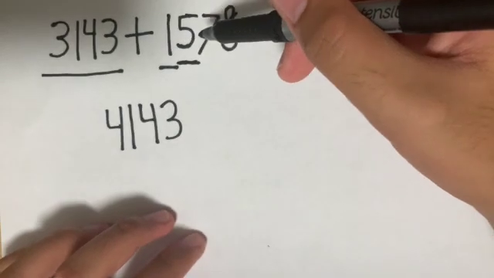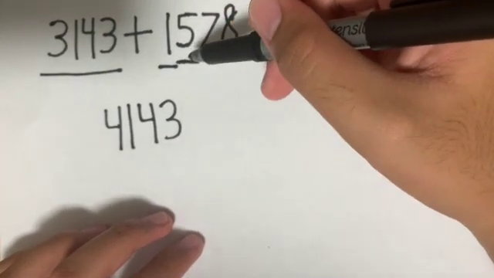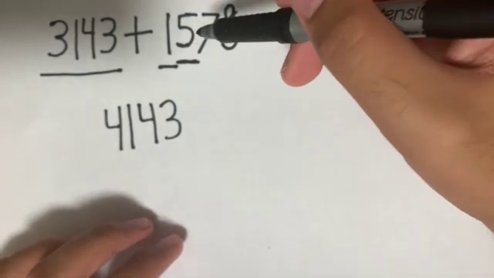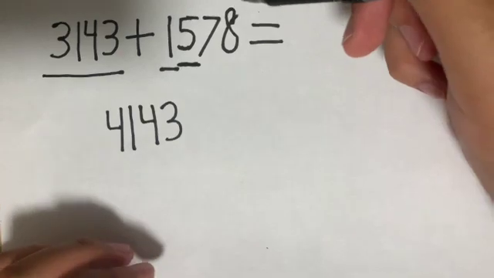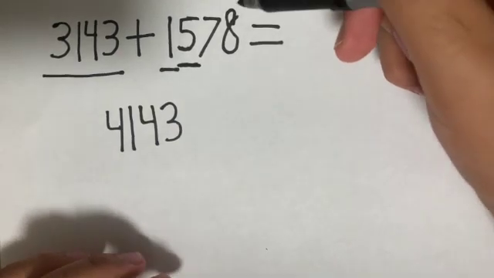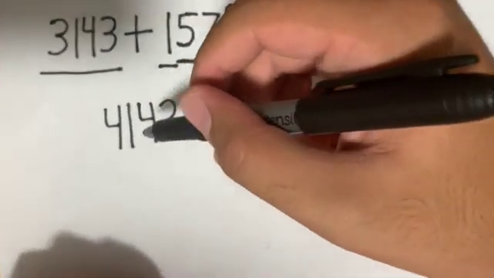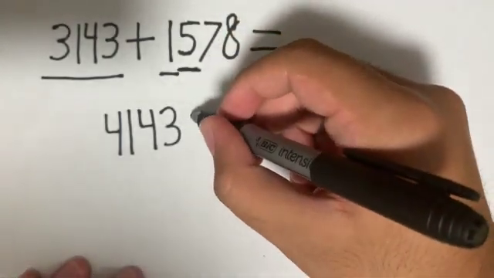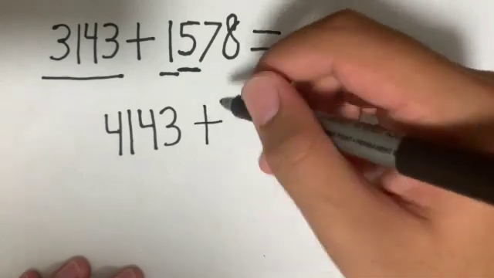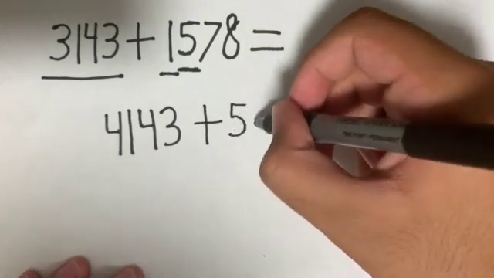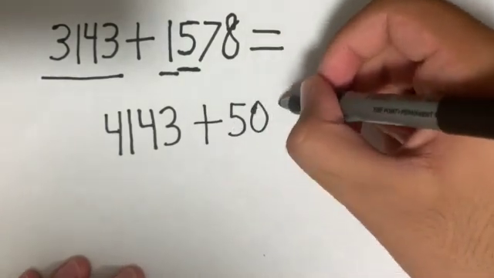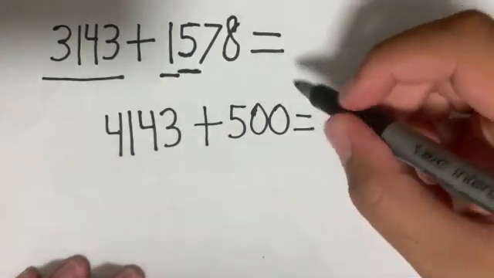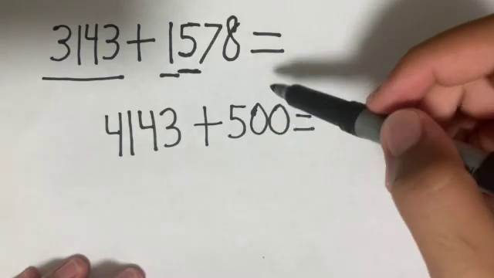So this one, you count it up by 100. You gotta count it up by hundreds. So since there's only 5 here, you count it up 5 times. That's 500. And now you add that 500 to 4,143. So 4,143 plus 500. Very simple.